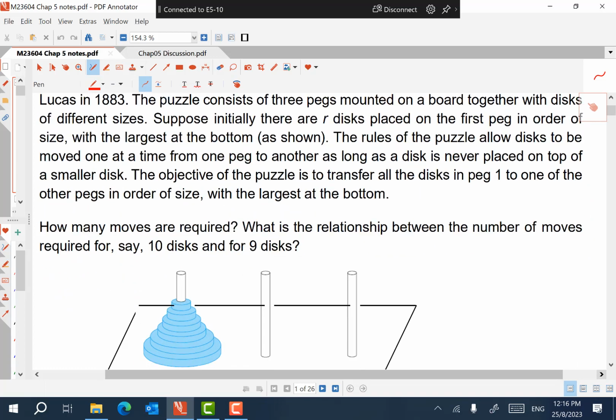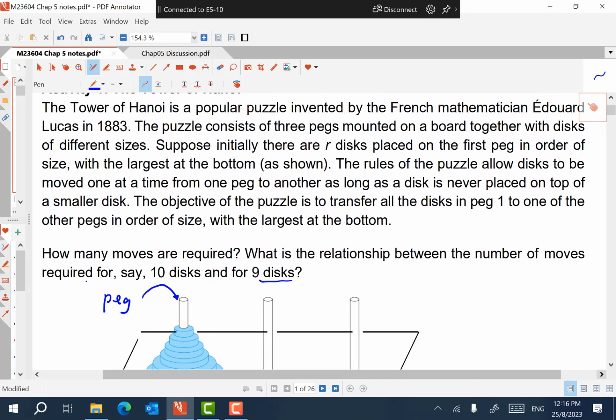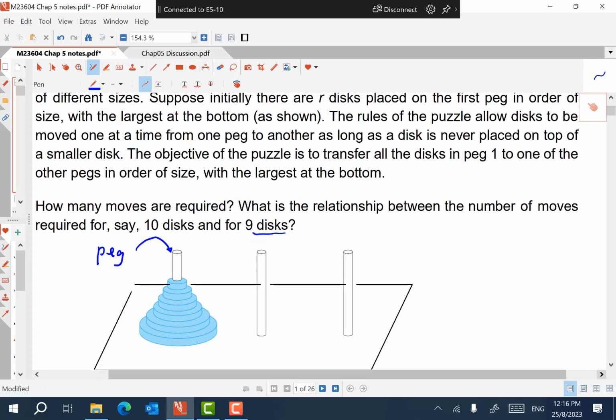What you see here, the stick, is called a peg. And of course, then there are the discs. So the game rule is that you're intending to move these discs from one peg to either this one or this one, doesn't matter which.